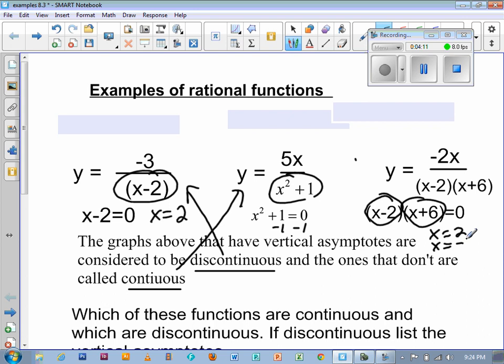Those two items are called vertical asymptotes. Here's a function that actually has two vertical interruptions in the graph. So we would classify that as discontinuous with two vertical asymptotes. So one, you can see, was discontinuous at 2. The second one doesn't have any vertical asymptotes, so we call that continuous. The last one has two vertical asymptotes, so it would be considered to be discontinuous.